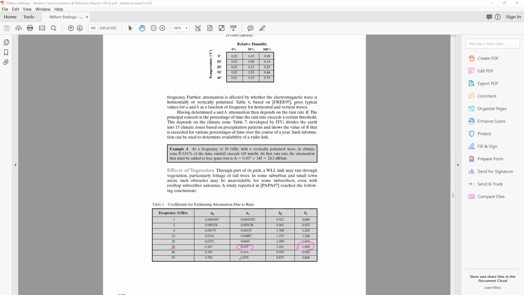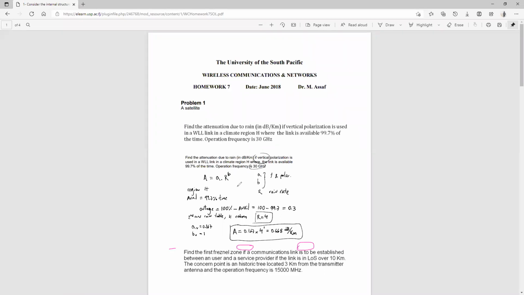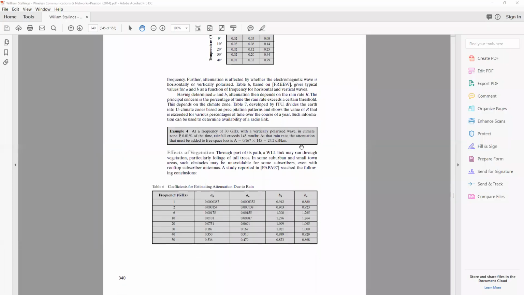We also need the rain rate as well. Our rain rate is again going to come from a table, this time on the next page.